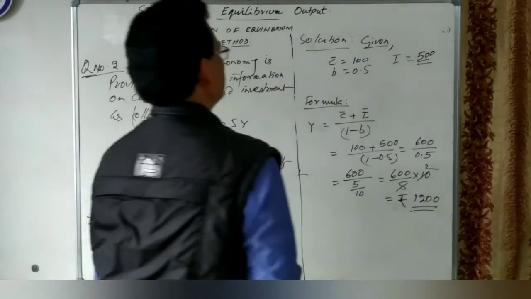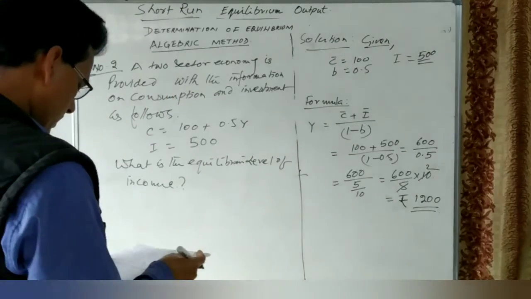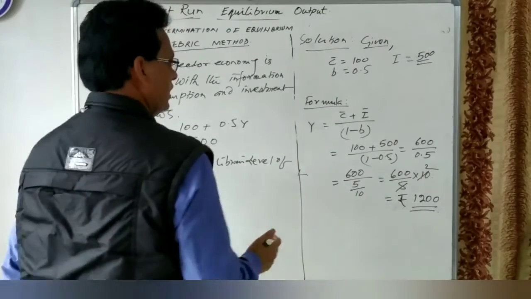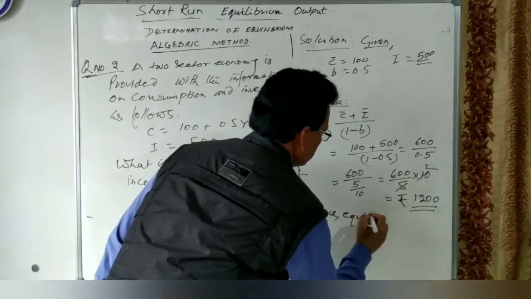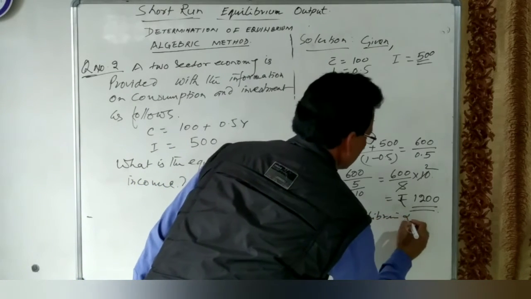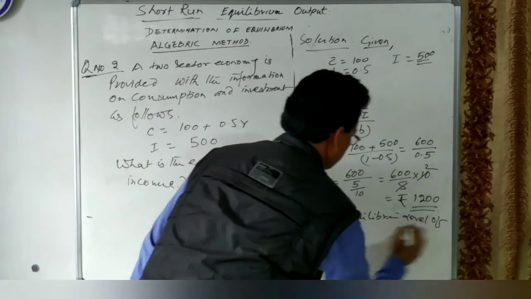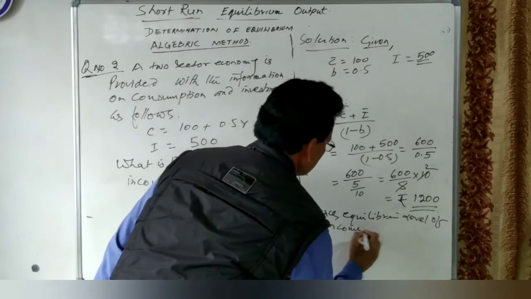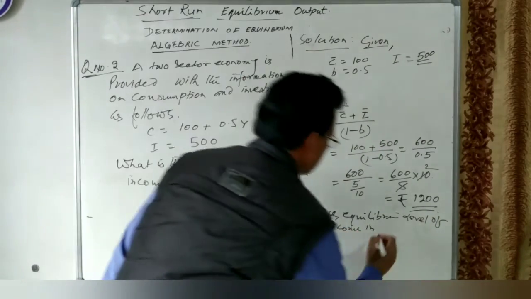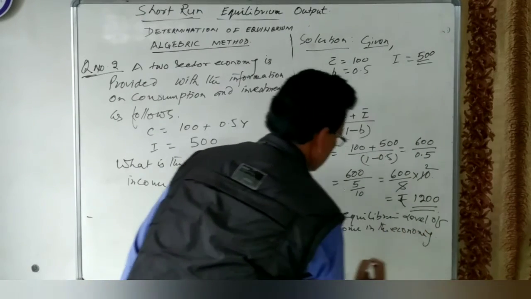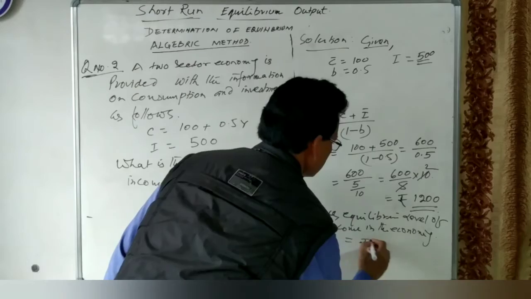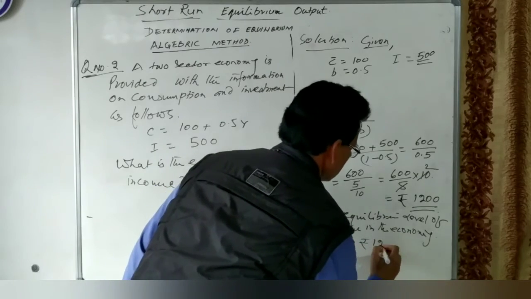So this 1200 is the equilibrium level of income. Hence the equilibrium level of income in the economy is equal to rupees 1200.